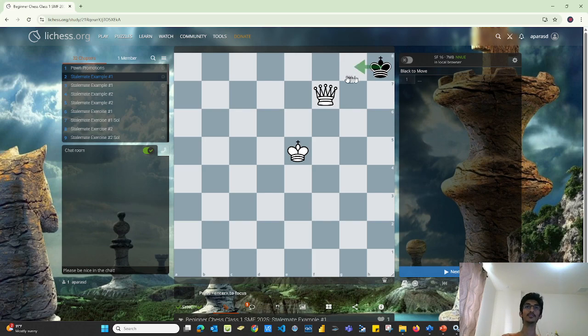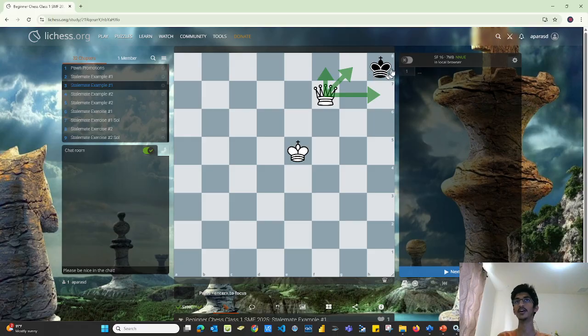If we try to move over here, the white queen would go there. If we move over here, the white queen would go over there. And similarly, if we move over here, the white queen would also go over there. So that's why this would be a stalemate and a draw, because it's black's move and he can't do anything. So it's an equal result.